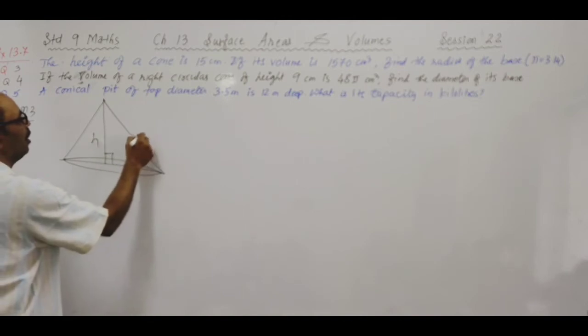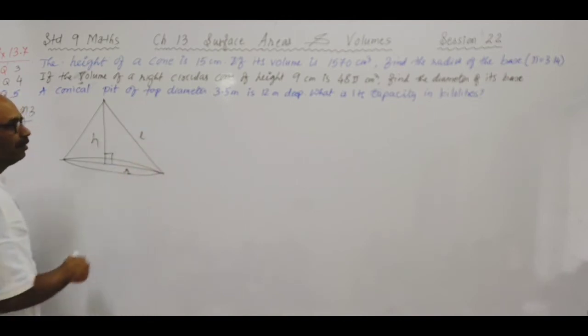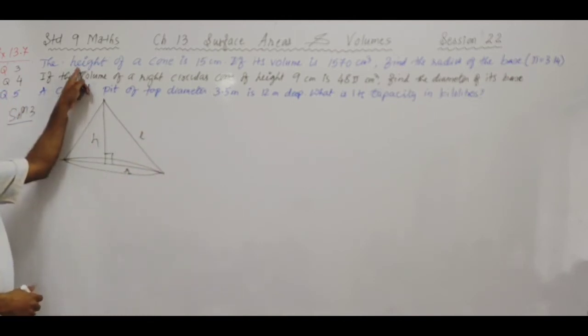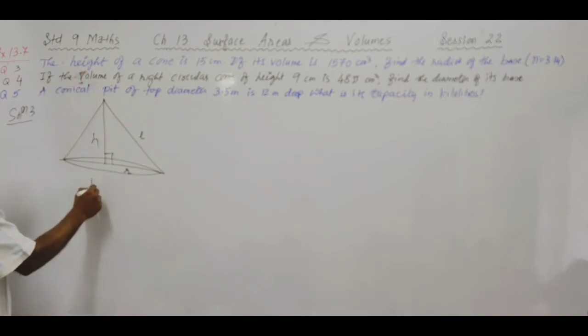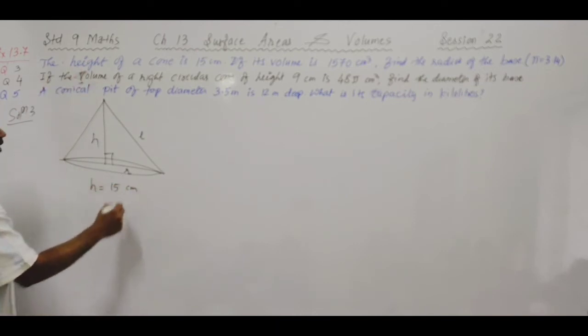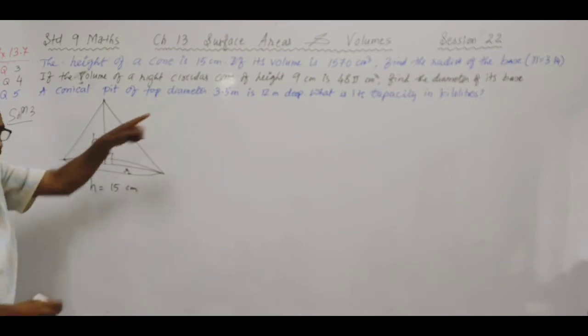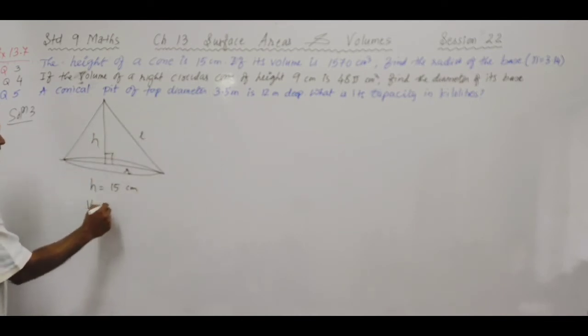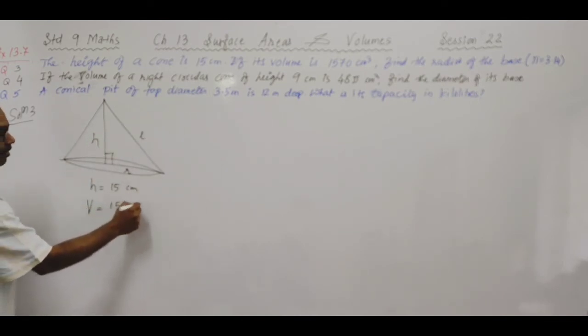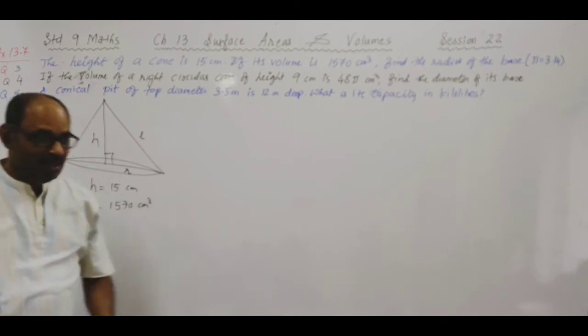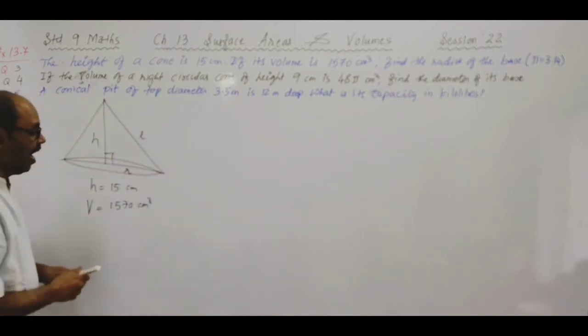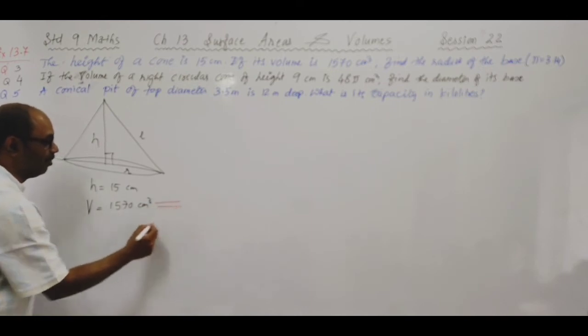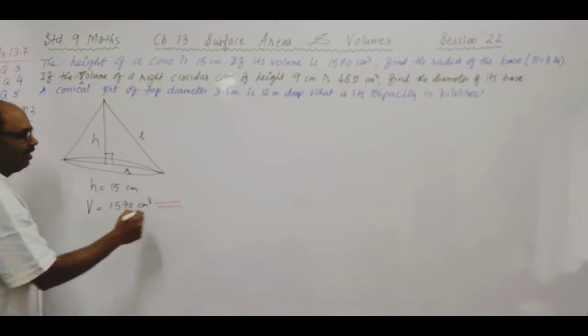H, L, or R. The height of the cone is given. So H, how much? 15 centimeter. Then volume is given. So what is the symbol? V, 1570 cubic centimeter. But then what is that equal to? 1/3 pi r square h.